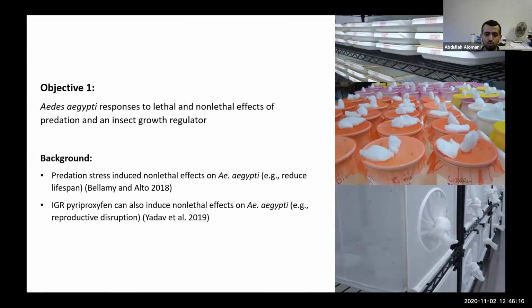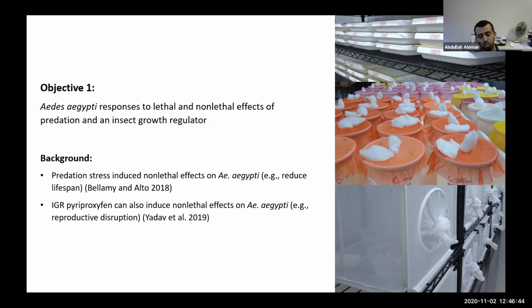The first objective of my research was to determine the Aedes aegypti responses to lethal and non-lethal effects of predation and insect growth regulator. Previous studies observed that exposure to predators during larval stages induced non-lethal effects on survival, as Shawna mentioned, reducing the adult lifespan.